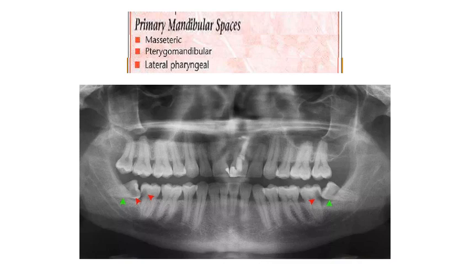This happens when the lower wisdom tooth, or the lower third molar, is involved, particularly when it is mesioangularly or horizontally impacted. On the left-hand side of this panoramic view, the red arrows are pointing to a huge distal cavity in the lower second molar, and a very large carious cavity exposing the pulp in the lower horizontally impacted third molar.